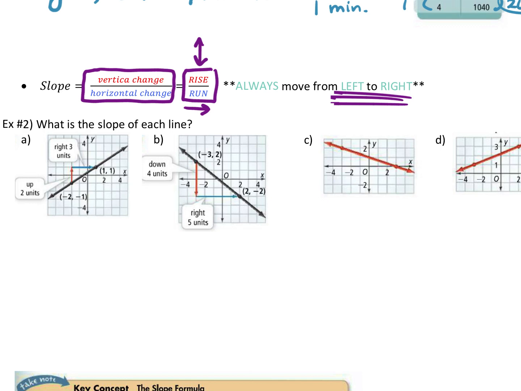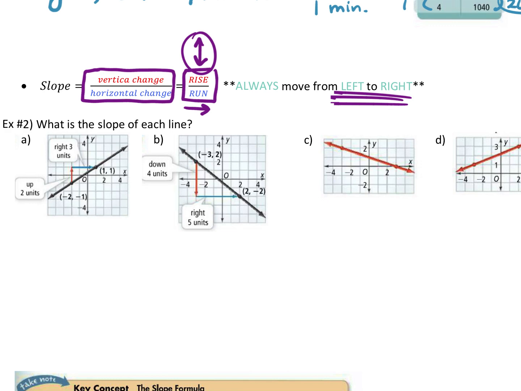So here's my advice to you, my request for you is when you find slope, you do your rise either up or down, but you always move from left to right. So I start at a point and I move to the right to get to my next point. If that means I have to go down, then go down and to the right. If it means I have to go up, then go up and to the right.